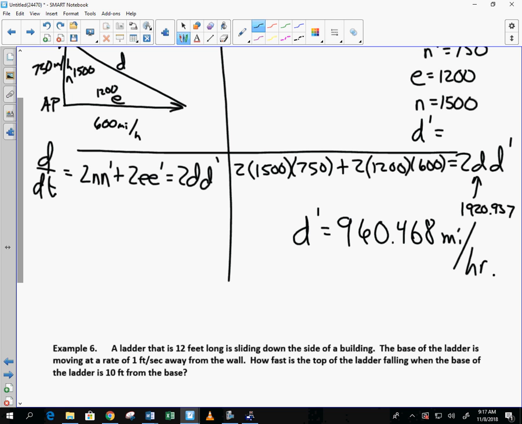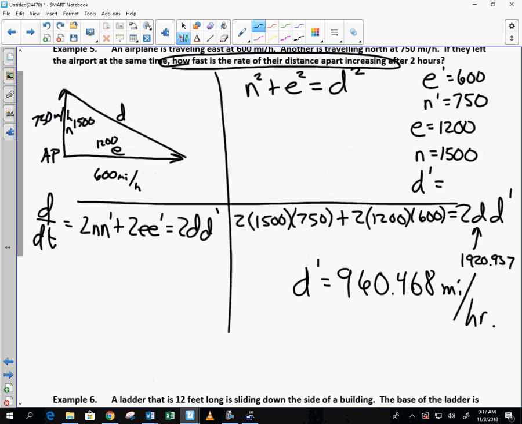I don't know if I know what you're asking. Can we try one more time? So I got 1920 by looking at n, not n prime. I used n. N is 1500. Squared that. I didn't use e prime. I used e. E was 1200.